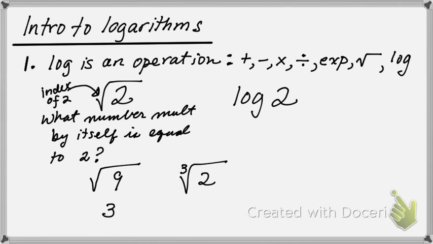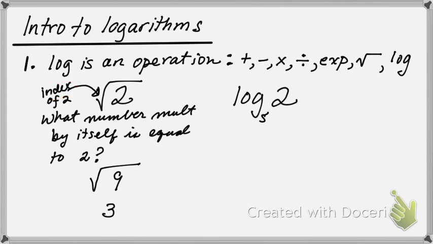Just like there is a number understood there, there is a number understood with a log. If I don't write anything, there's a number understood here that is 10. So I'm going to write that 10 here, but just know that if I don't write the 10, it's understood to be 10. And then this could be any other integer, like I could have 3, and I could have 5, etc. Just like for the radical, that number is called the index.